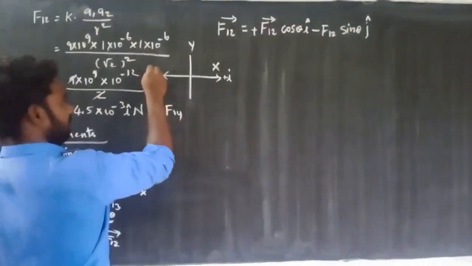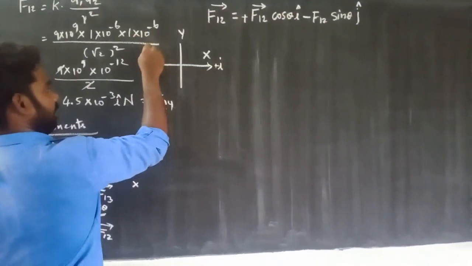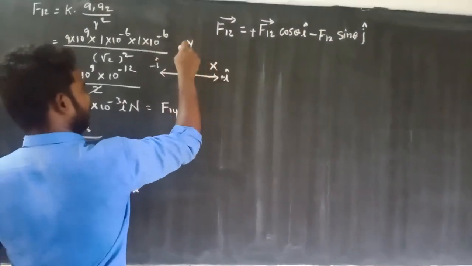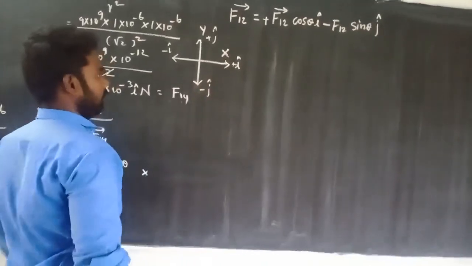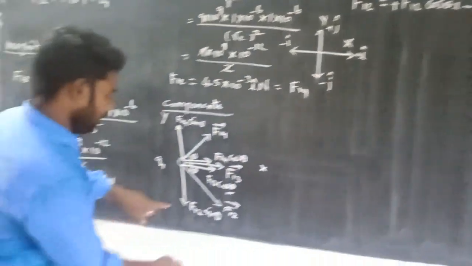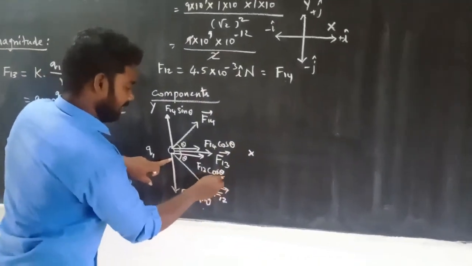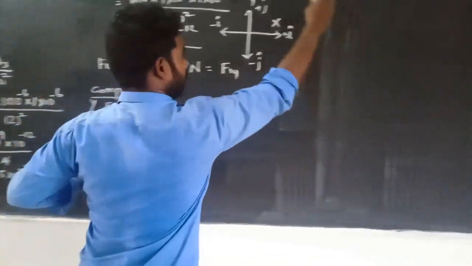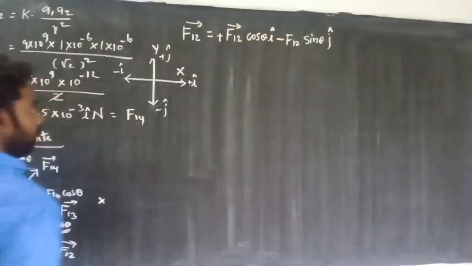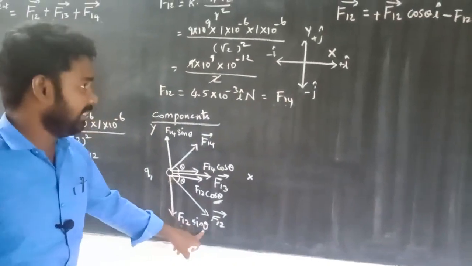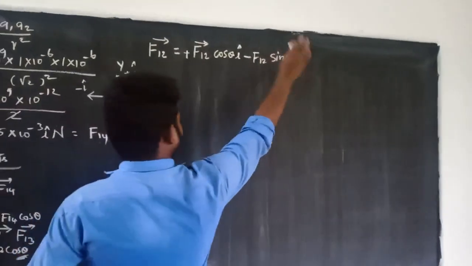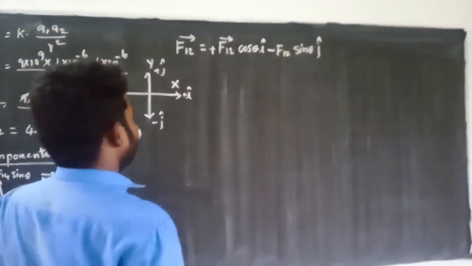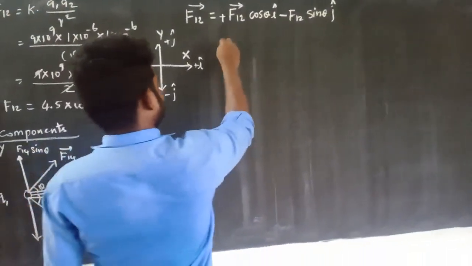If it is the negative axis, minus I cap. As well as here plus j cap, here minus j cap. So see here, F12 cos theta is in the positive x direction, so positive I cap. Here F12 sin theta is in the negative y direction, so negative j cap.